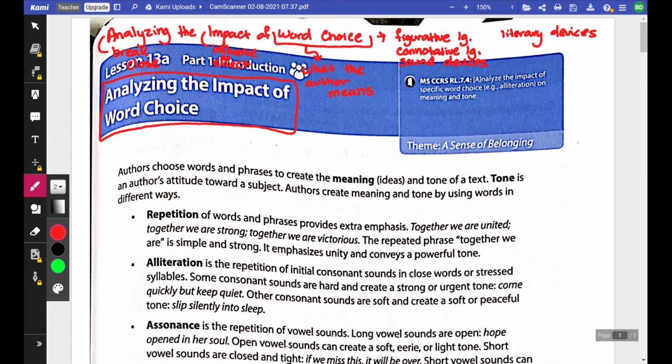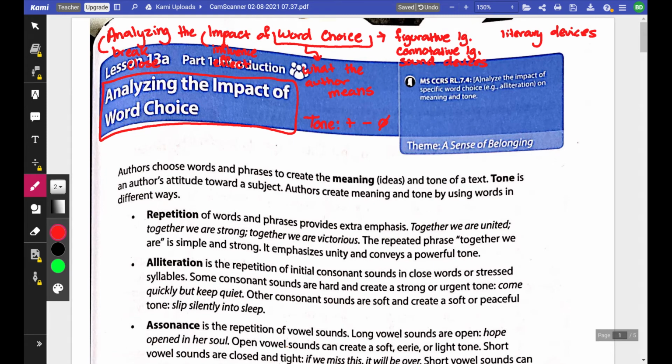So anytime we are thinking about different types of language or devices, we have to make sure that we focus on tone and whether or not the tone of the text is positive, negative, or neutral. We also look at tone for word choice.